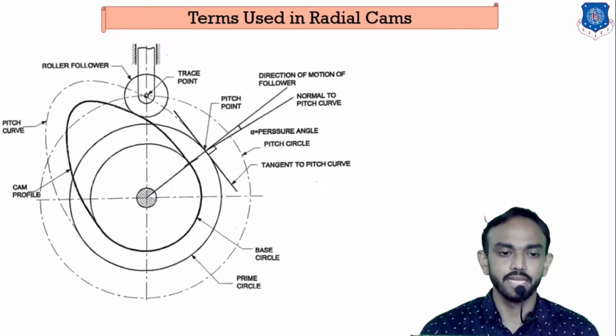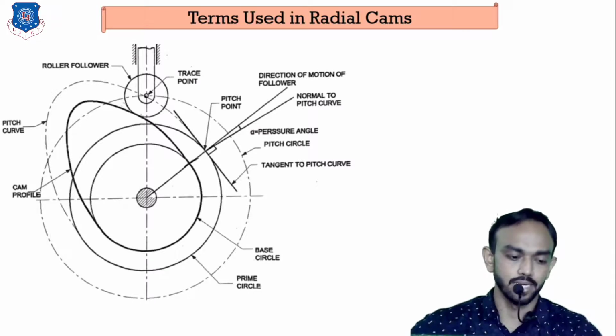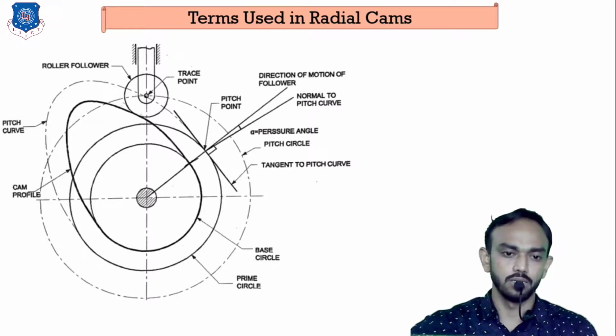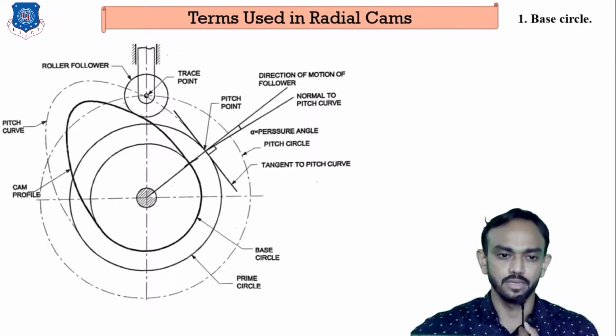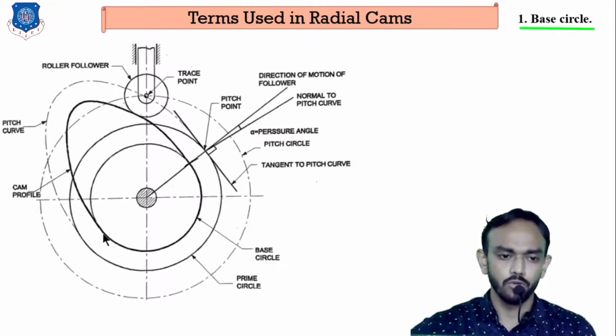Okay, let's start the terminology which we are using during this chapter. So learn the terms related to the cam profile. Okay, let's start. So the first term related to cam is the base circle. What is a base circle? It is the smallest circle that can be drawn from the cam profile.